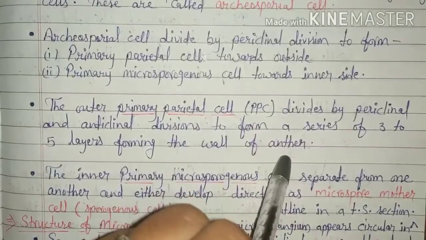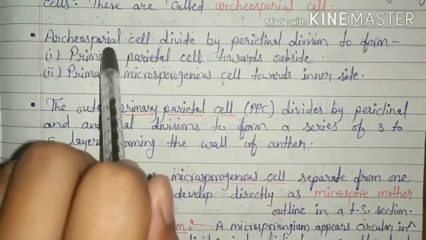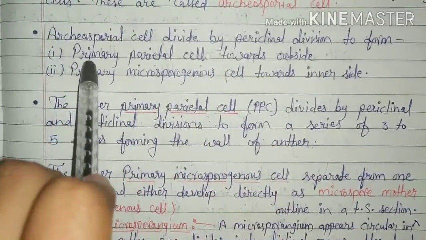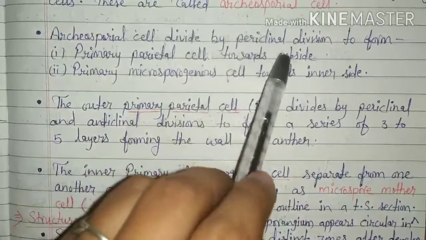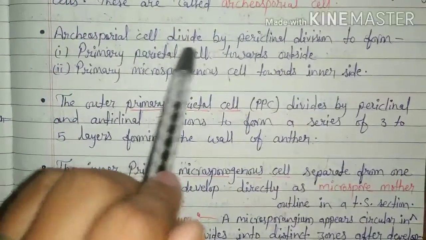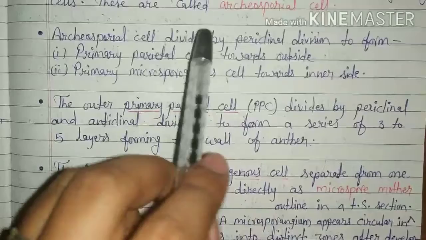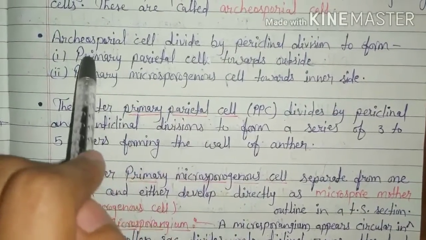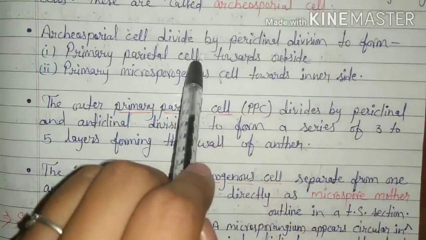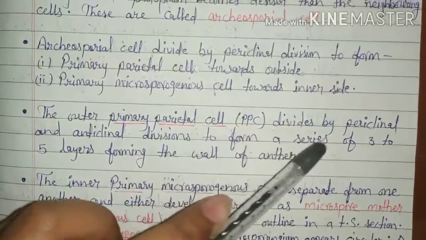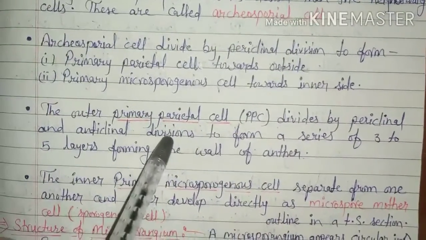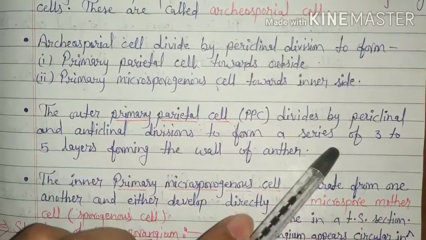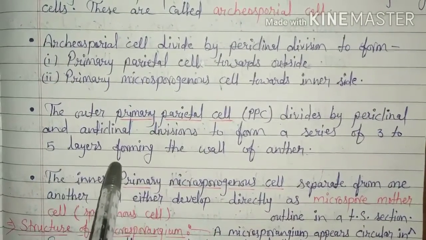It means cells of the archaeosporium divide into outer cells, primary parietal cells, and inner cells, primary sporogenous cells. The outer primary parietal cells divide 3 times by periclinal and anticlinal division to form the microsporangium wall: endothecium, middle layer, and tapetum.